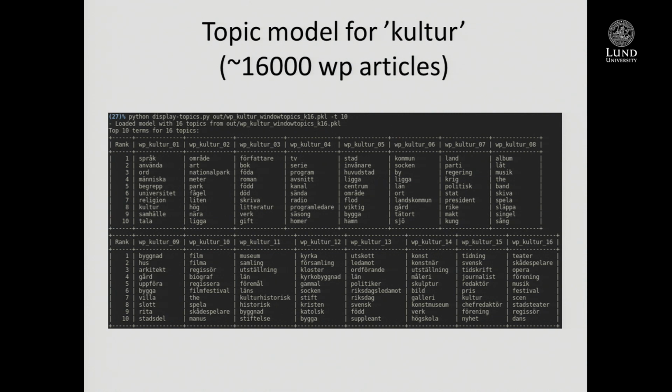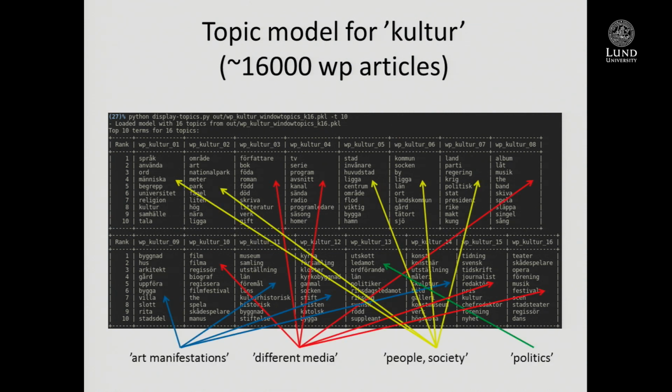And you can try to find some labels for these topics in some ways. So we have different kind of art manifestations here, building related stuff here. You have museum related stuff, church related, and then art related. And then we have topics that are related to different media things, but they have actually fallen in different topics here.